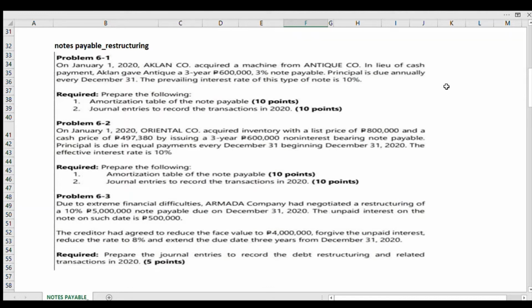So to explain, this is a notes payable, this is an installment payment on the part of Aklan Company.